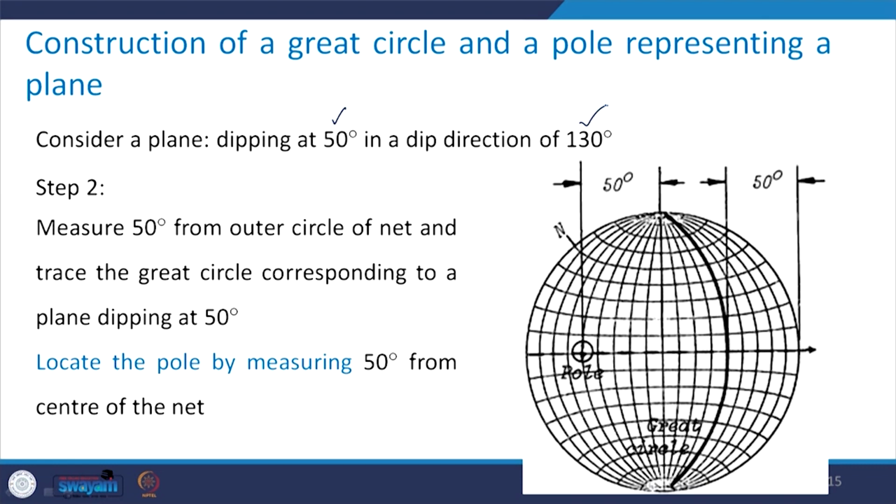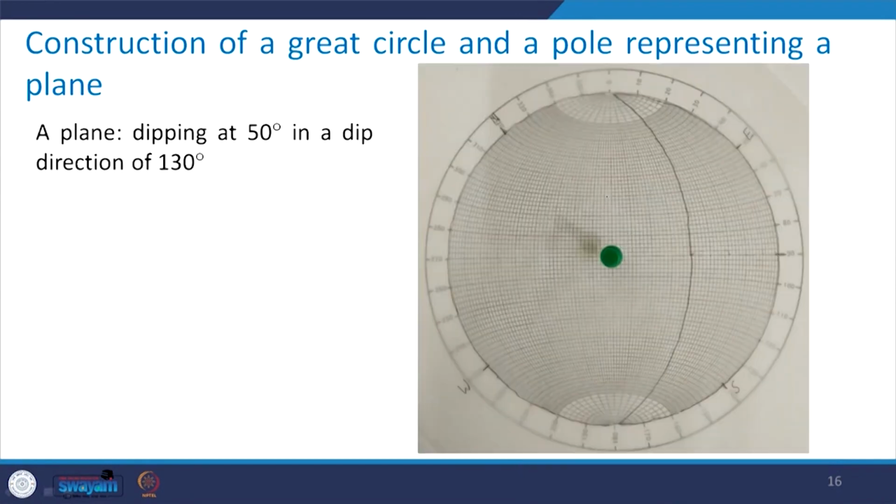And then the pole is located, like for the dip you will take from the extreme point towards the center. But to locate the pole, you have to take it from the center. That means this distance is 50 degree. Let us see how this is done.